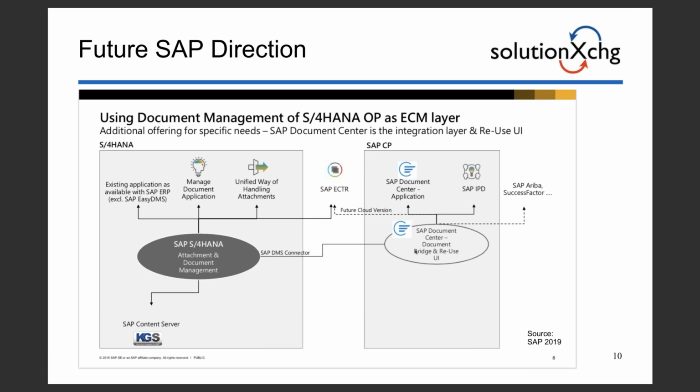And there is a bridge from the SAP Document Center in the HANA Cloud Platform to the attachment and document management in the classical on-premise S/4HANA, the SAP DMS connector. And with that, you can even reach from the Document Center into your Archive Link connected content server or a KGS, SAP content server, a KGS content server.